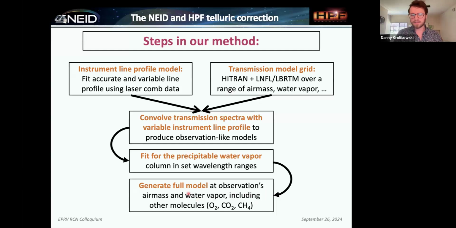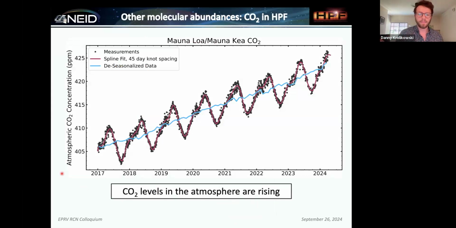Now this is still not quite fully done, because these molecules can also vary in their abundance that we would want to look into. Just to focus on carbon dioxide, due to climate change, or well, excuse me, causing climate change, we have levels of carbon dioxide in the atmosphere rising.